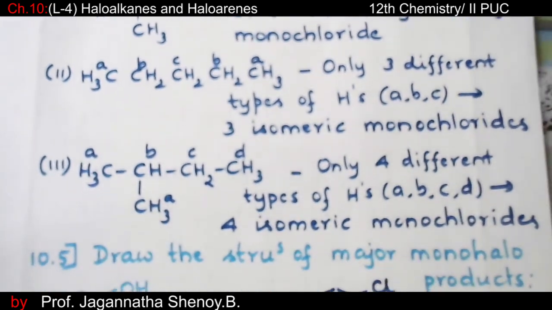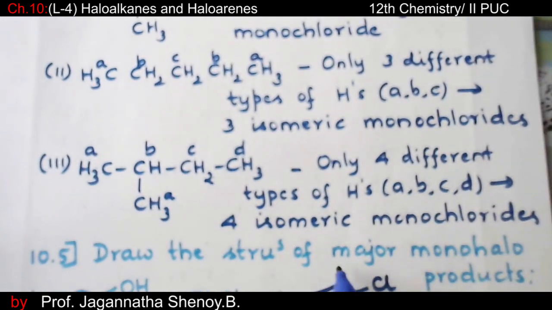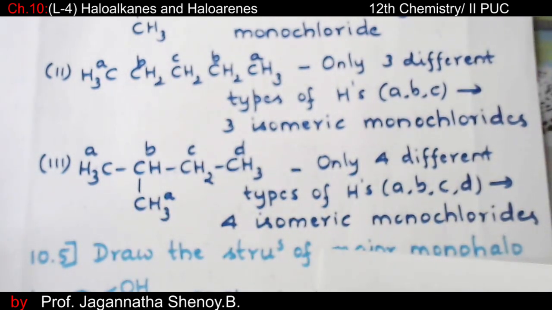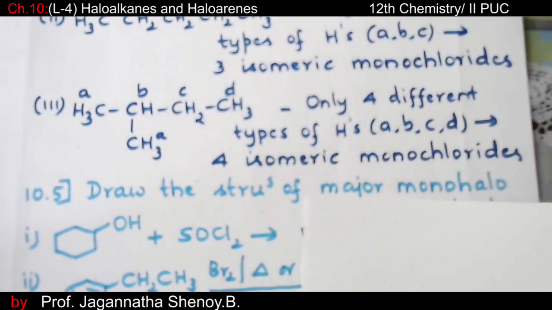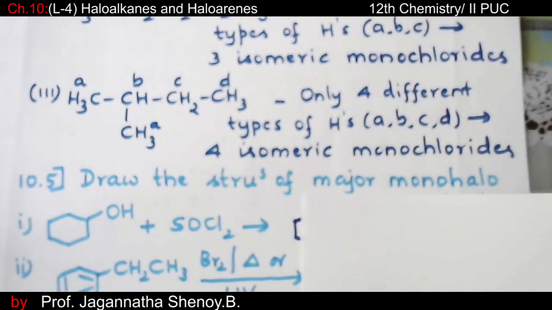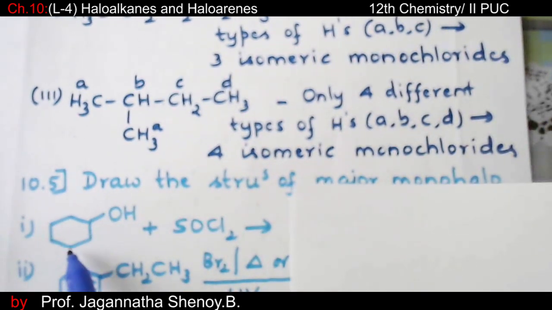Next, draw the structures of major monohalo products. In this question, let's consider the reactants that are given. It's a cyclohexanol, and I'm making use of SOCl2.